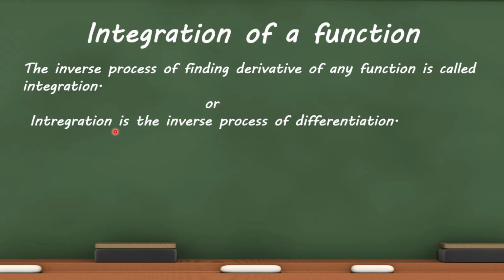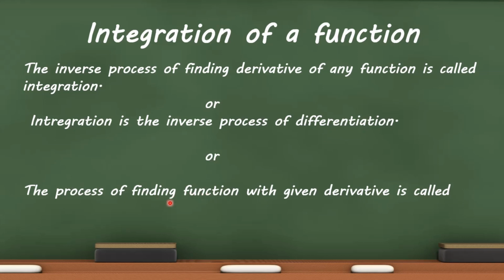The process of finding a function whose derivative is given is known as integration. Or you can say integration is the inverse process of differentiation, or the process of finding a function with a given derivative is called integration. I hope the meaning of integration is clear here.